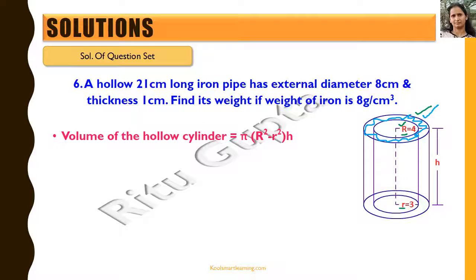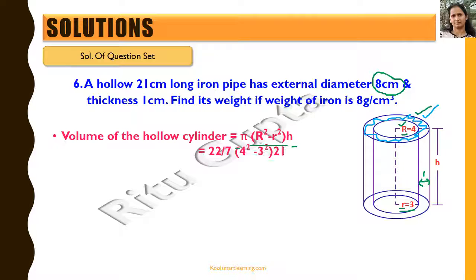So the volume of the iron used becomes pi into capital R square minus small r square into H. Now capital R we know is 4 because the diameter is given to be 8 centimeter. And we know that this thickness is 1 centimeter. So the internal radius becomes 3 centimeter, which is 4 minus 1.